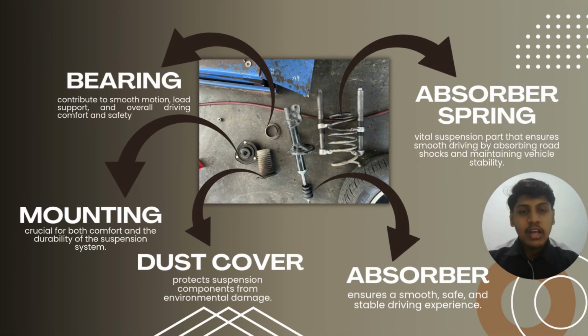Now I will be explaining the parts that consist in a suspension system. So if you can see here, there are 5 parts in a suspension system. So first is bearing. Bearing contributes to smooth motion, load support, and overall driving comfort and safety. Secondly, mounting. Mounting is crucial for both comfort and the durability of the suspension system.